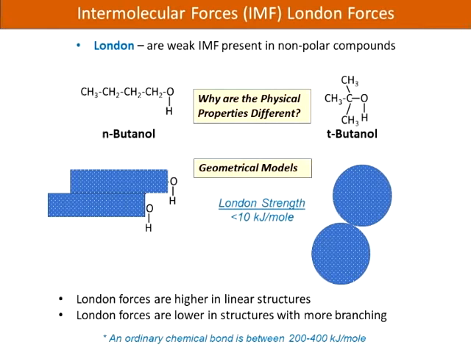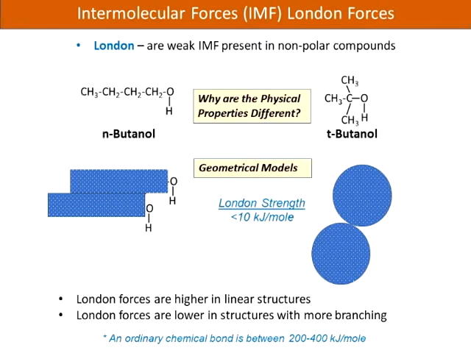In other words, when T-butanol packs, it will pack to form more crystalline domains or ordered structure than the linear chain N-butanol. Therefore, since it has more ordered structure or crystalline domains, its melting point would be higher.